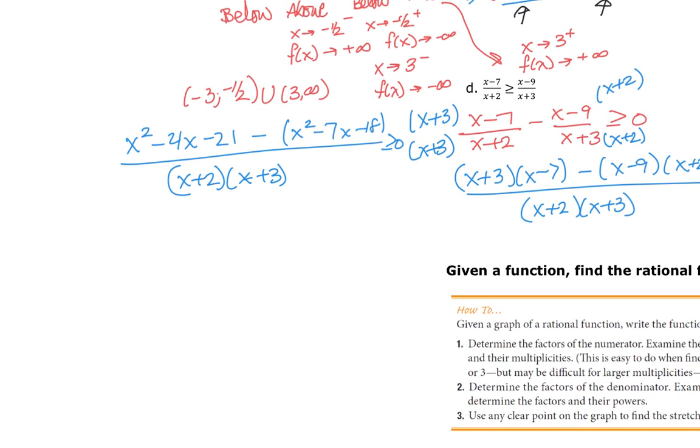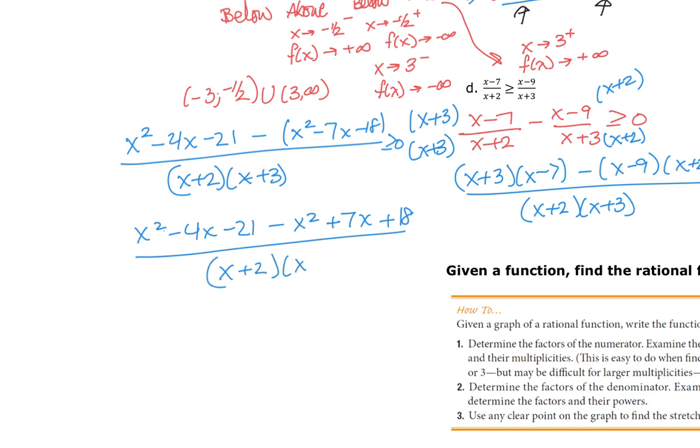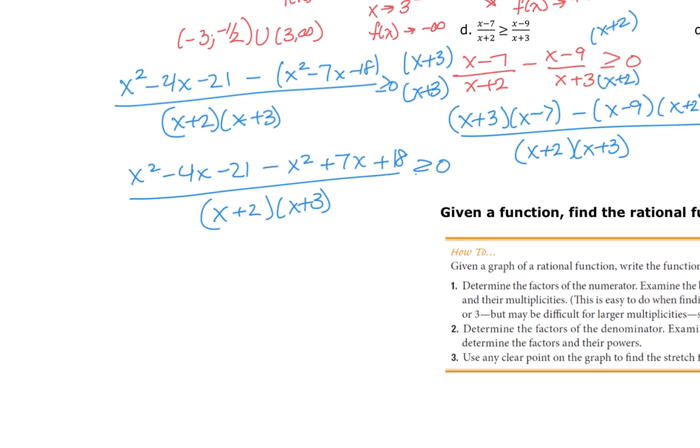So the numerator cleans up: the x squares cancel. That's nice. Pulling that negative through, x squared becomes a negative x squared, this becomes positive 7, and this becomes positive 18, all over x plus 2, x plus 3, greater than or equal to 0.